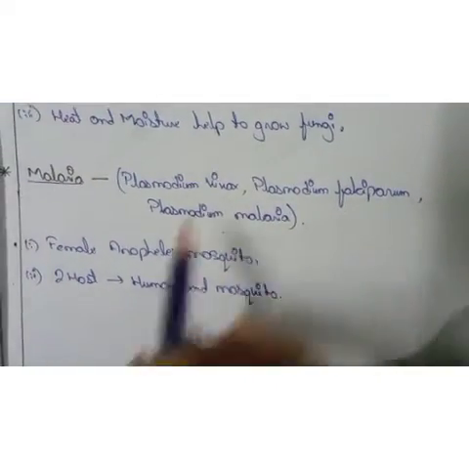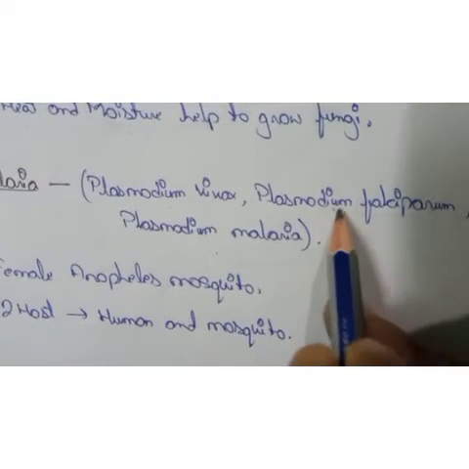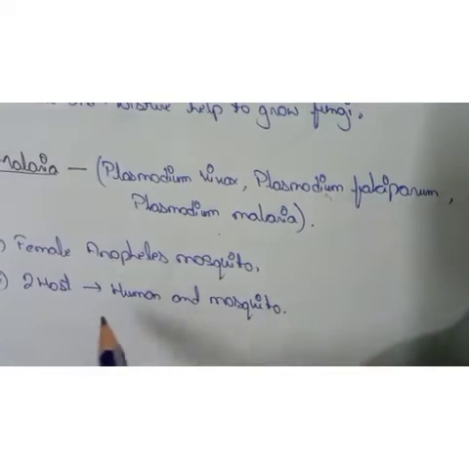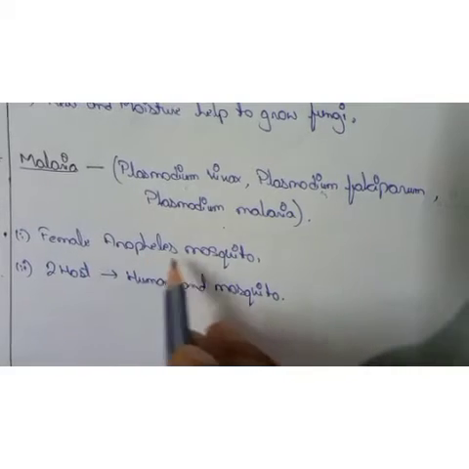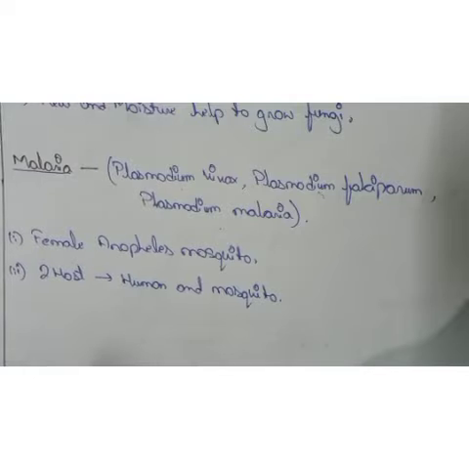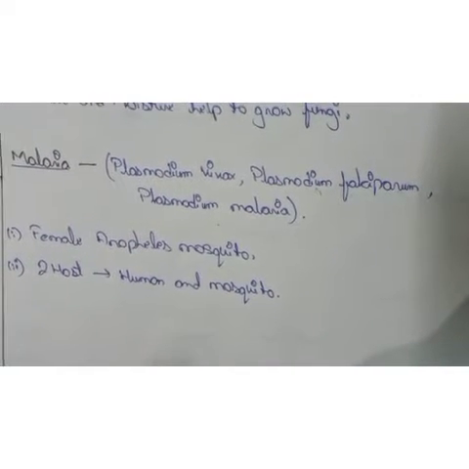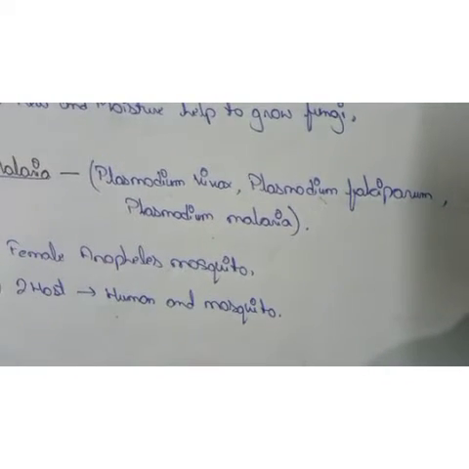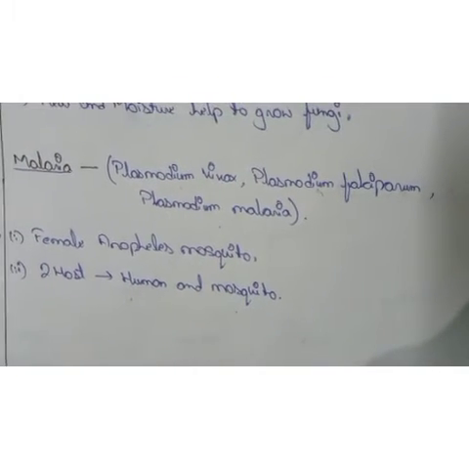Of these three, the dangerous one is Plasmodium falciparum. Okay, so malaria is spread by the female Anopheles mosquito. In malaria, two hosts are involved: one host is the human itself, the second host is the mosquito.